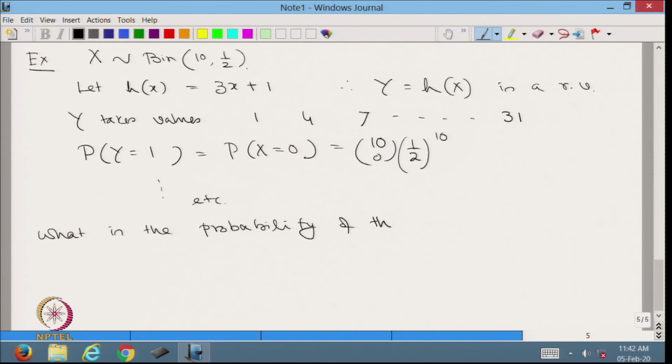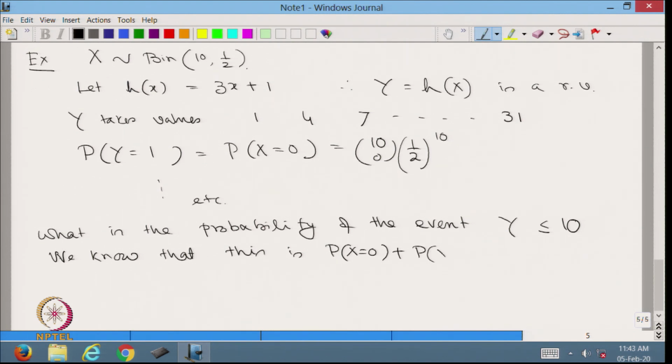So, what is the probability of the event y less than equal to 10? We know that this is probability x is equal to 0 plus probability x is equal to 1 plus probability x is equal to 2 plus probability x is equal to 3.